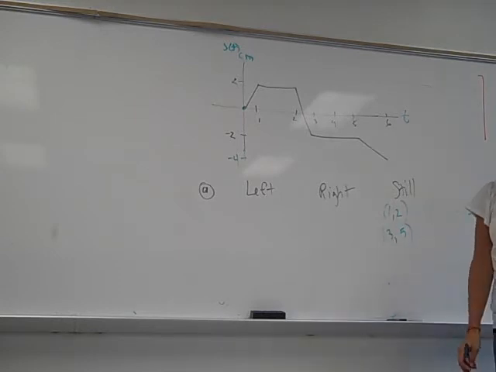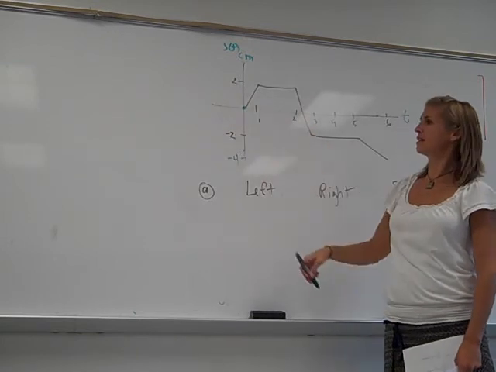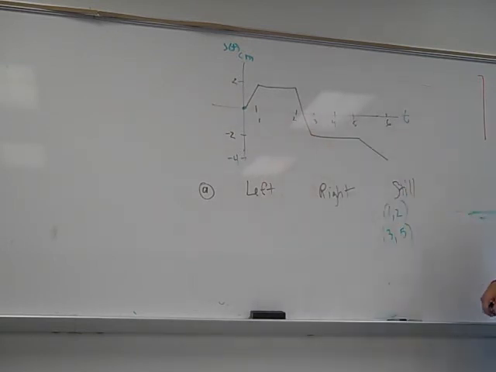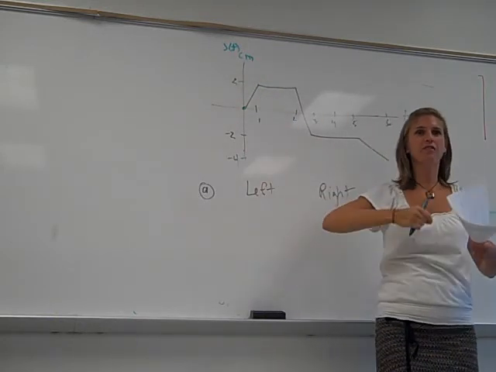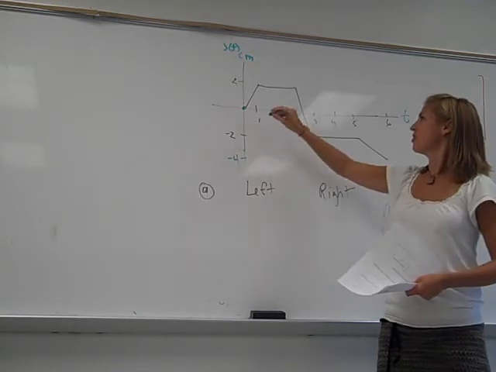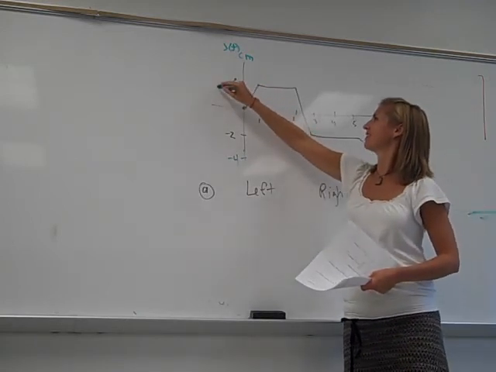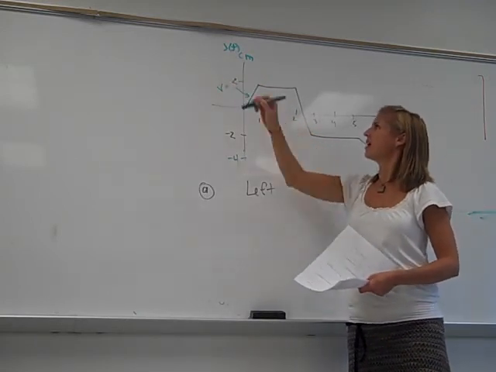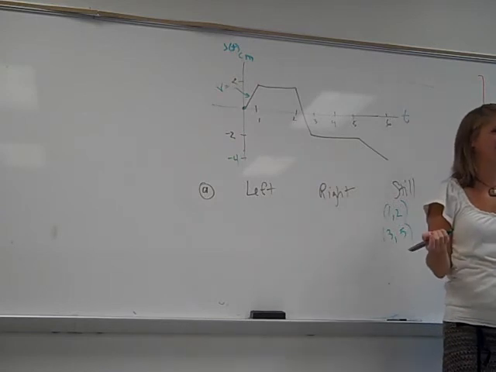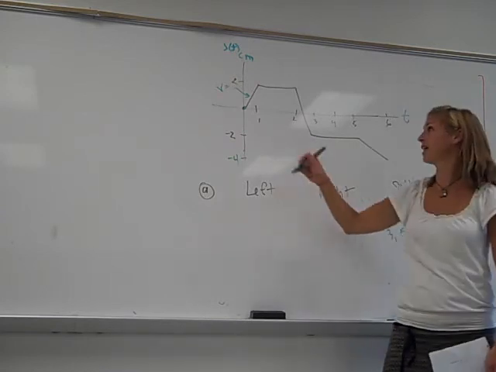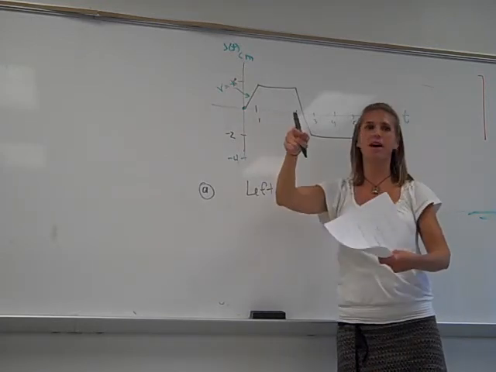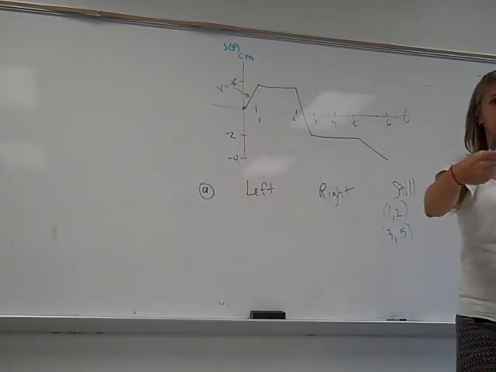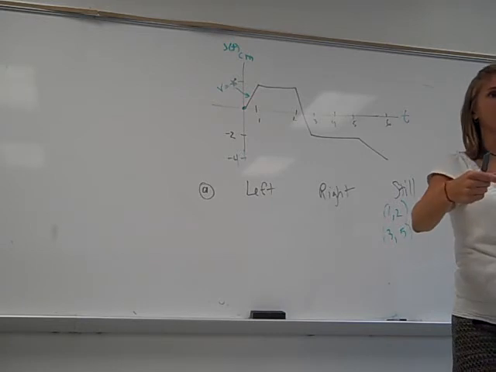Then there are just two things to worry about. We have increasing graphs and we have decreasing graphs. Well, think about if this is position and the derivative of position is velocity. What's the velocity here? And not even what is it exactly, but positive or negative? Positive, right? Because I have a positive slope, the velocity is positive. Well, if the velocity is positive, that means it's moving in a positive direction. So it's moving to the right.